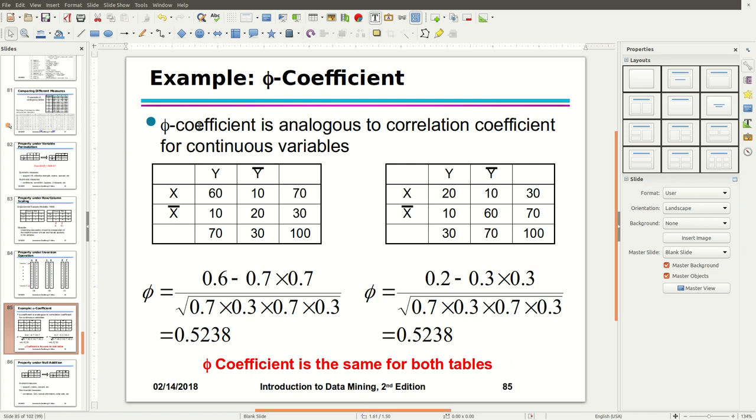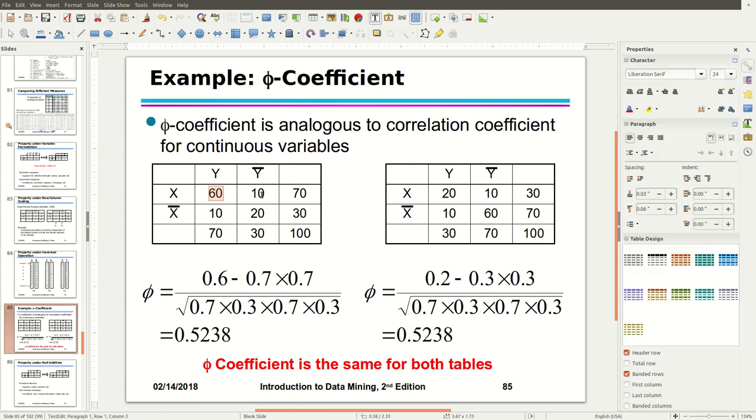So if we have phi coefficient, it's analogous to the correlation coefficient for continuous variables, and we have these contingency tables, 60, 10, 10, 20. So we have out of 100, this is how it is split up, and this is almost this 60, 10.